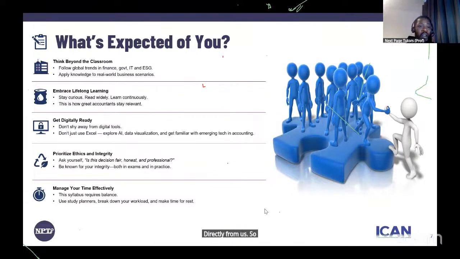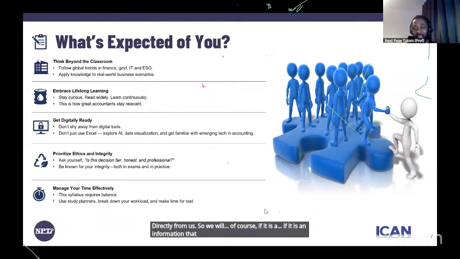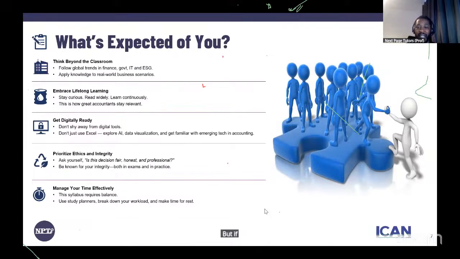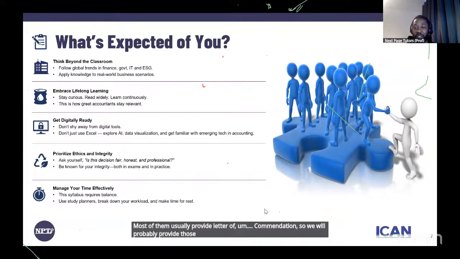If it is information that needs your consent, we'll ask you. But most of them usually provide a letter of recommendation, so we will probably provide that information to them. For example, if they ask for your class attendance, we'll provide it.